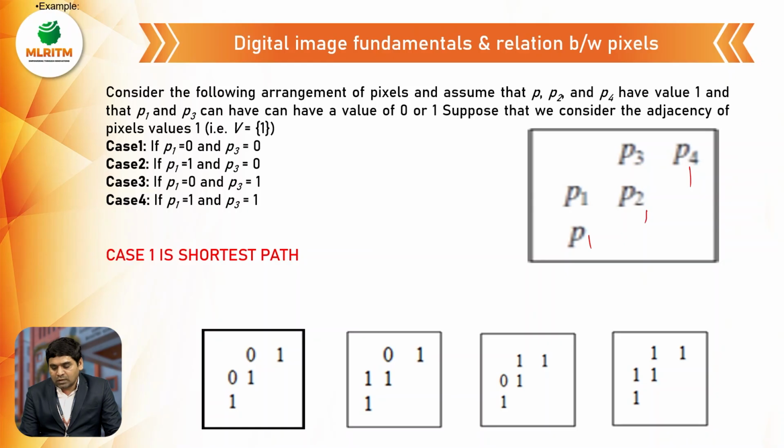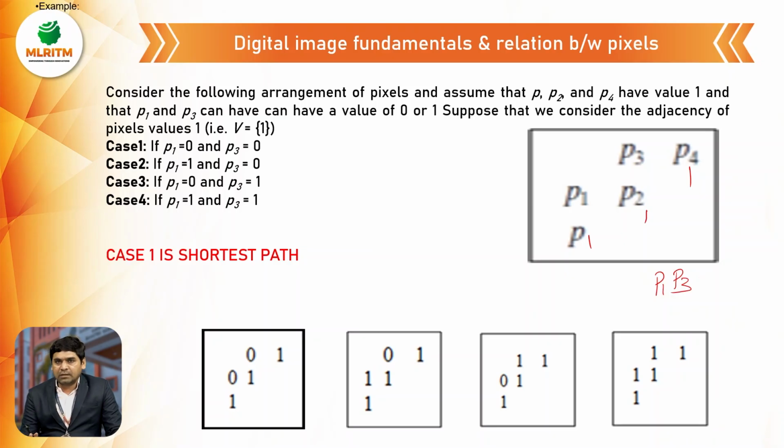Suppose we consider adjacency pixels with value 1. You can substitute 0 or 1 in either P1 and P3, so there are two intensity values, 0 and 1.